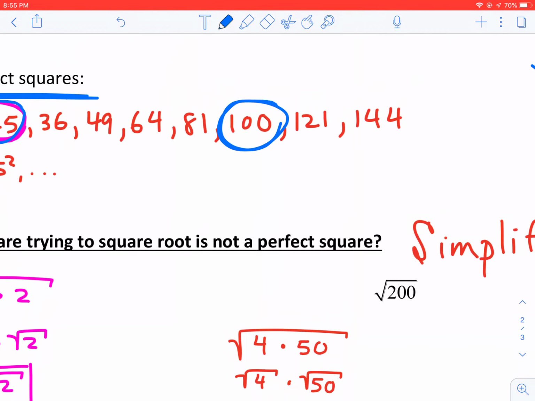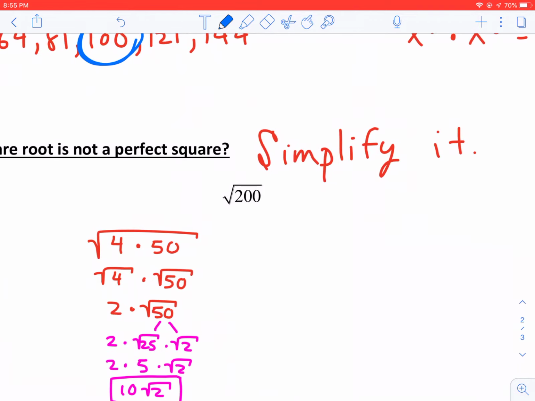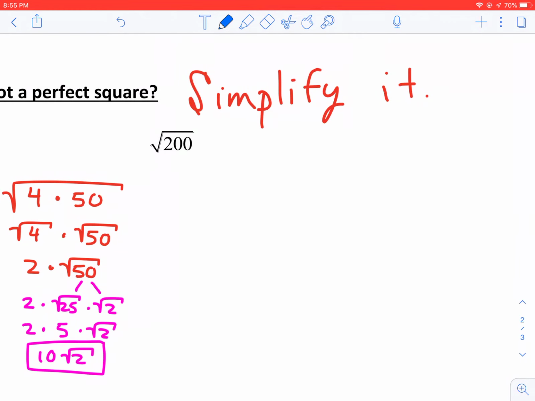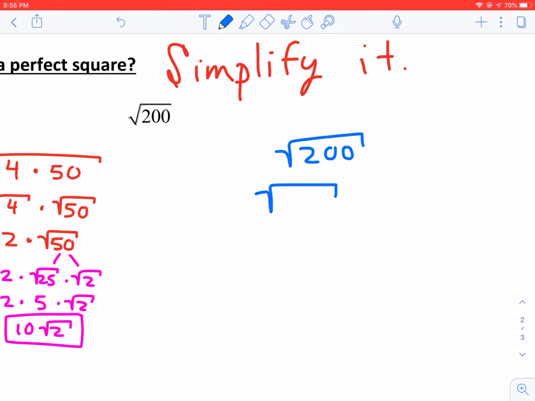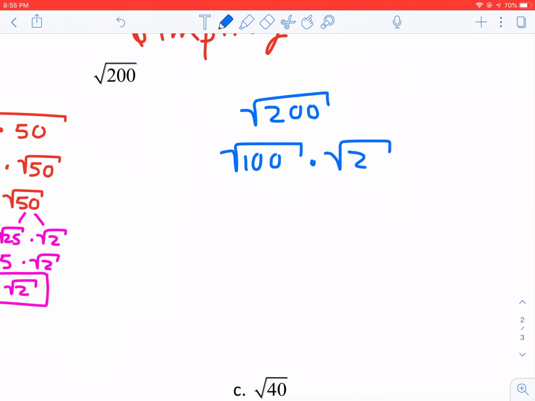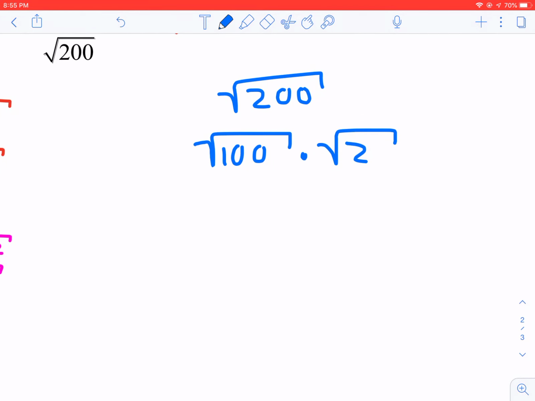So let's say I broke it up into square root of 100 times the square root of 2 instead. Well, what's the square root of 100? That's 10. 10 radical 2, and I am finished. We got the same answer.